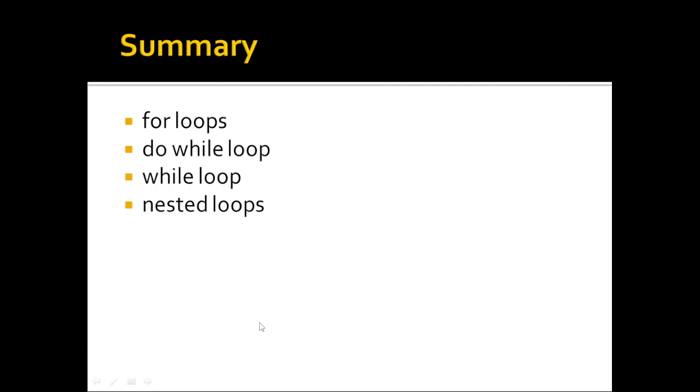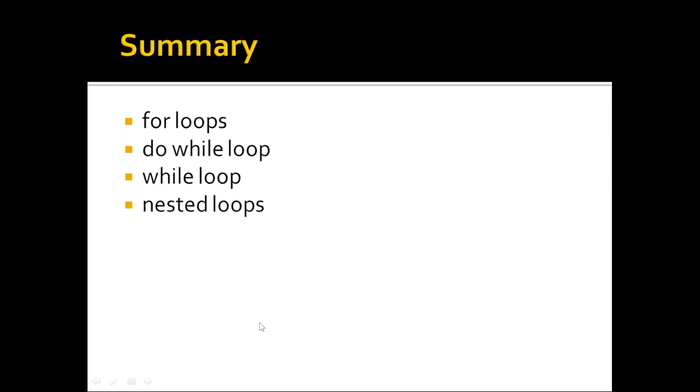So as a summary, what we have discussed in this video are for loops, which are actually used for loops wherein the iteration is specific, or the number of times the loop will be repeated is fixed. And the do while loop and while loop, which are actually used especially if the number of iterations is not fixed.